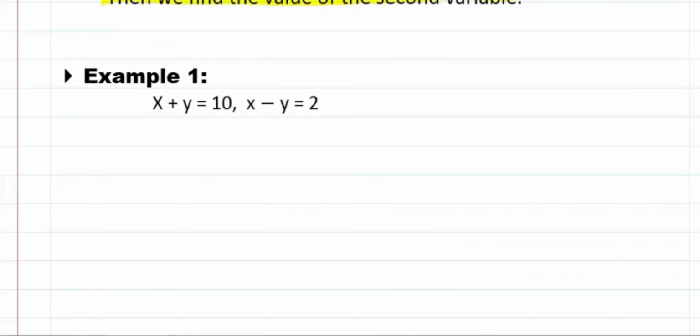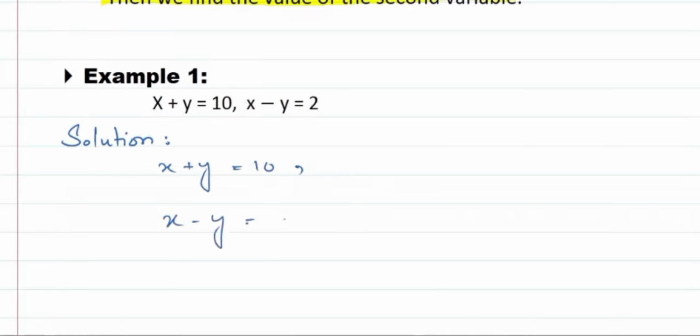Example number 1 is x plus y equals 10, x minus y equals 2. First of all, we write both the equations clearly: x plus y equals 10 and x minus y equals 2.